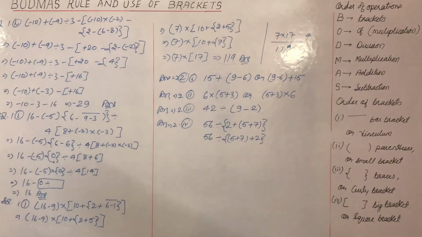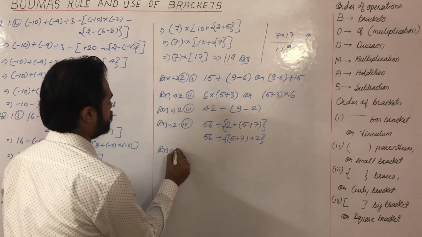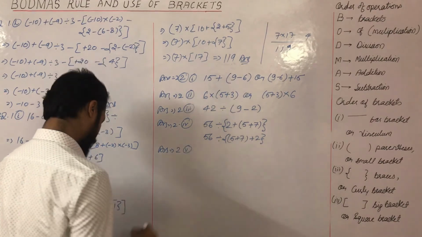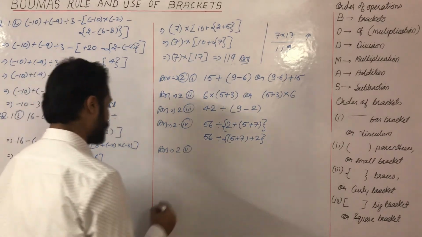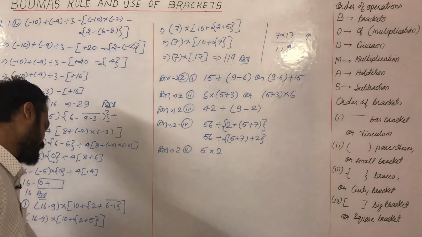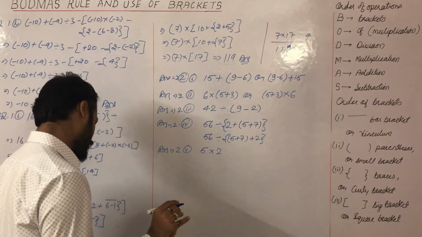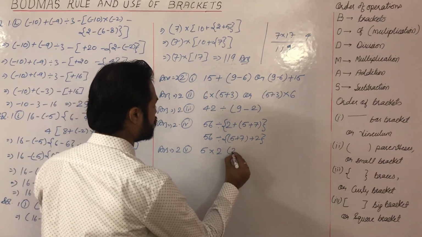Right. Then part 5, 5 multiplied by 2 less than the difference of 21 and 16.